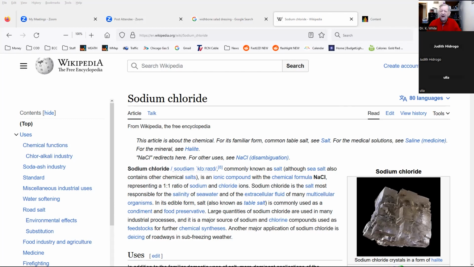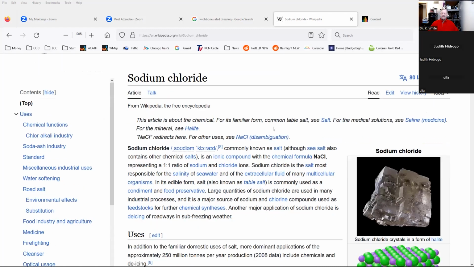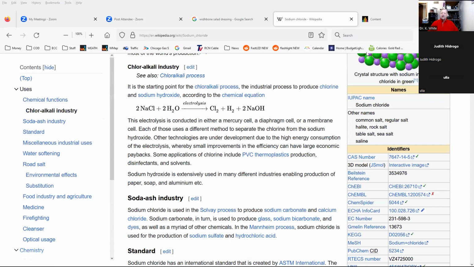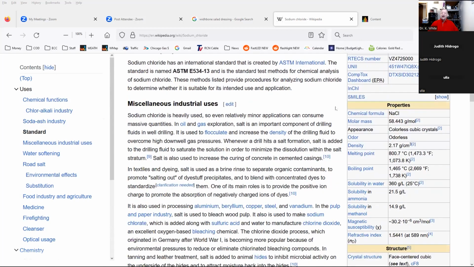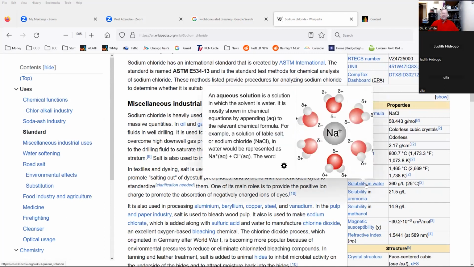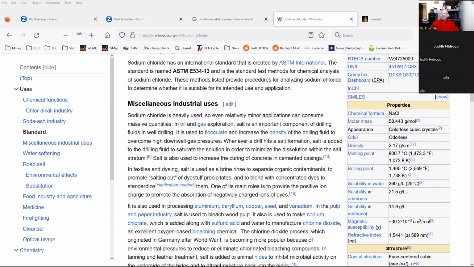And the nice thing about different substances, chemicals that are found in Wikipedia, you scroll down and you look on the right side of the screen, you'll see identifiers, names, then we'll see properties. And if you look down, you'll see right here, solubility in water.